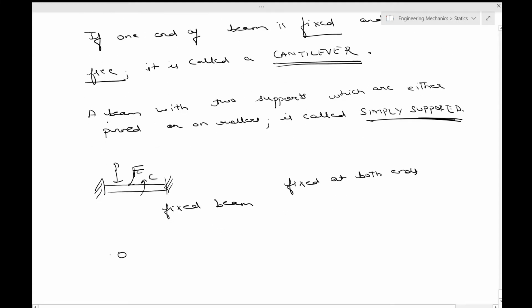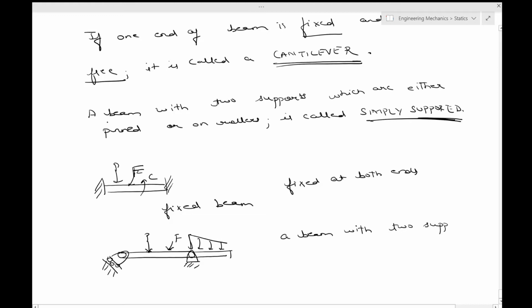And then you can also have, if you have something like this, a beam with two supports and extending beyond one or both supports, as evident from this diagram. This is called an overhanging beam.